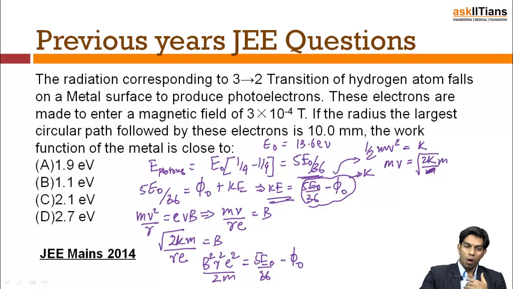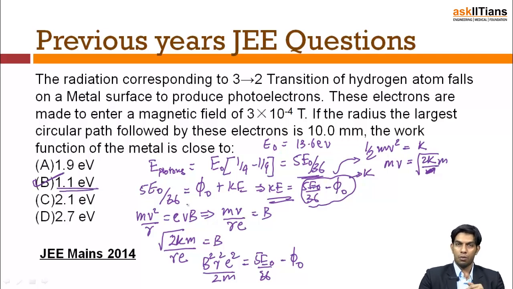If you put down all the values, we know the value of E naught, the magnetic field, the radius of curvature, the electronic charge held by the electron, and also its mass. If you evaluate this, you will end up getting 1.1 electron volt as the correct answer. So just work it out.